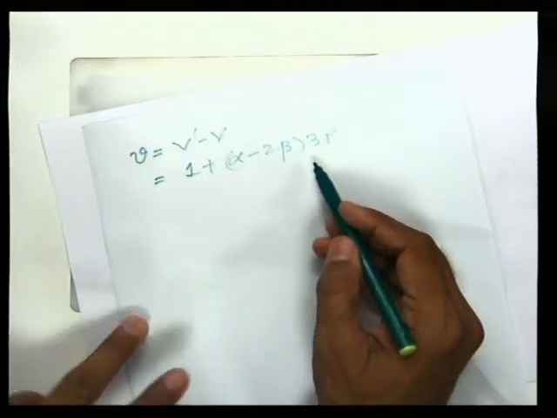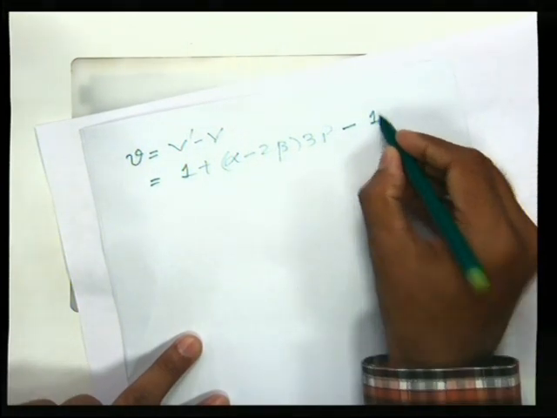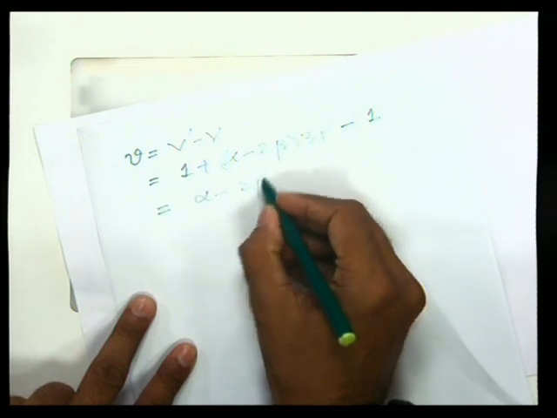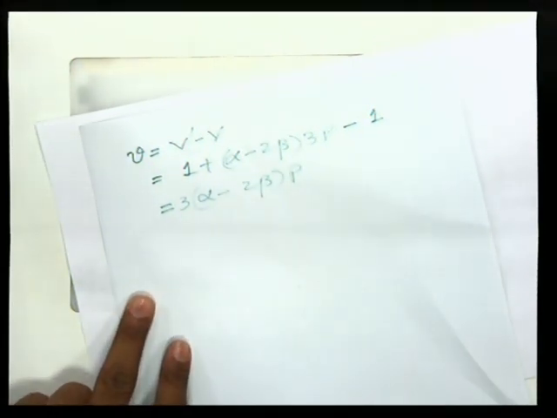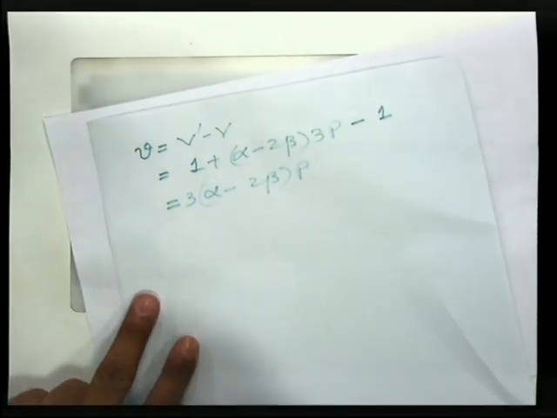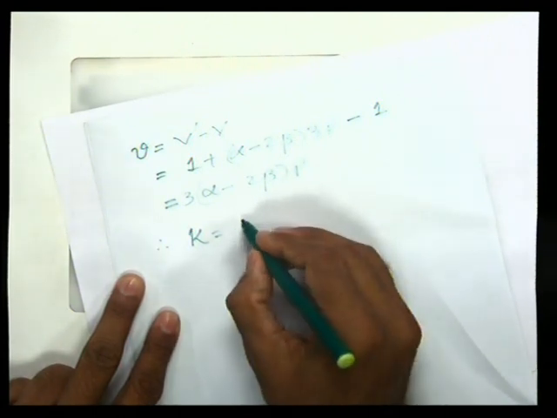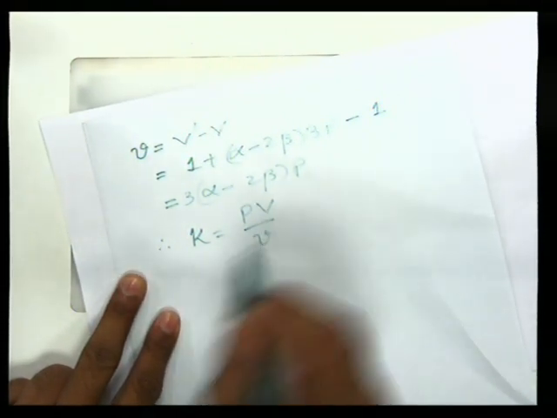This is V dash, that is volume after deformation, minus original volume equal to 1. Therefore change in volume equals alpha minus 2 beta, say 3P.